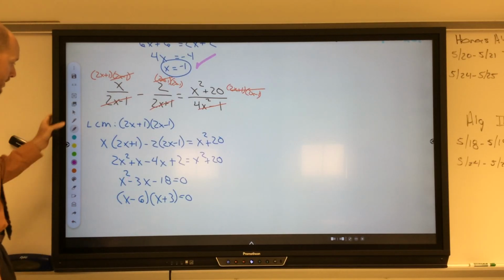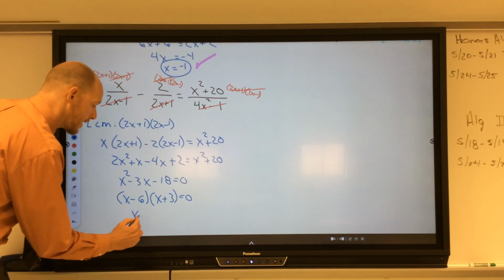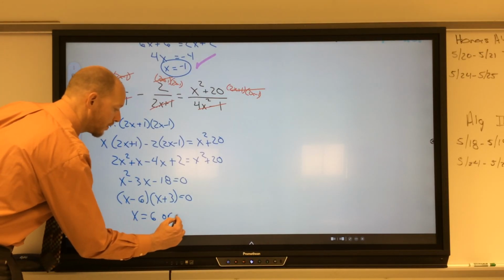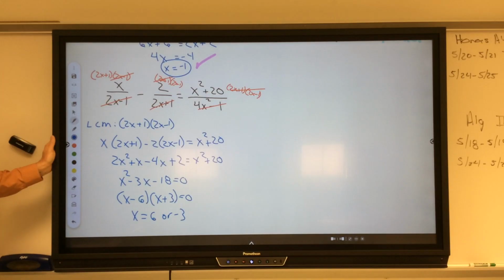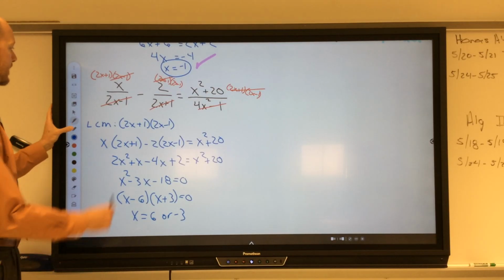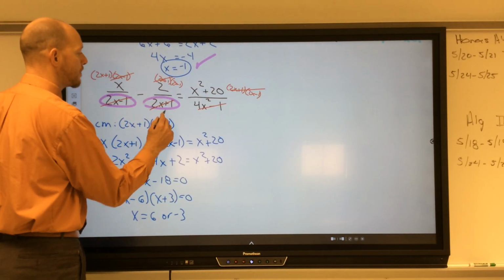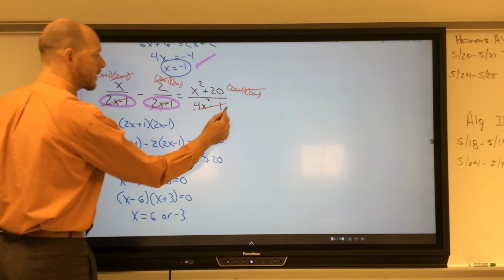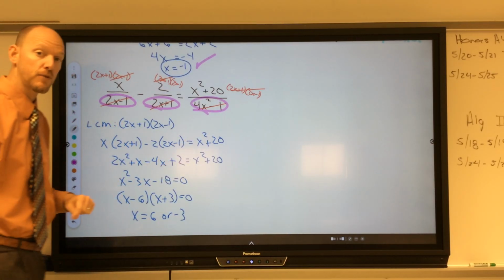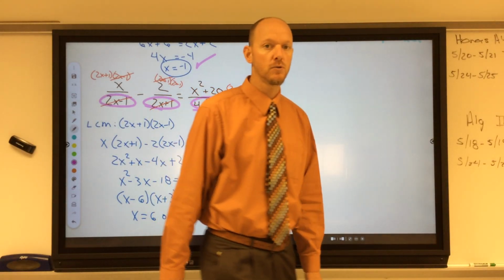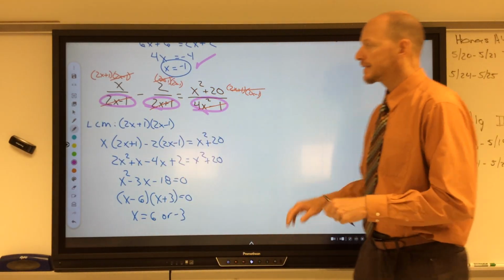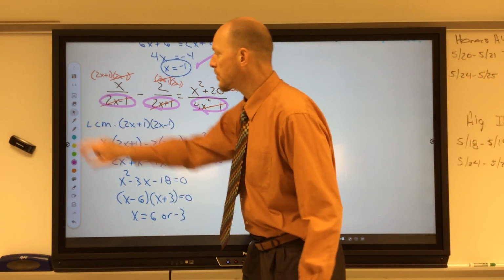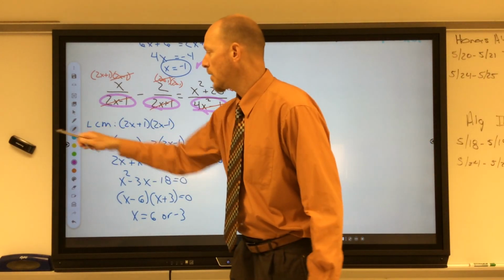That was a close one. That's going to then tell me x equals 6 or negative 3. Again, I'm going to go ahead and check to make sure it doesn't result in a 0 in the denominator, and it doesn't look like neither the 6 nor the negative 3 will give me a 0, so both of those solutions work out.